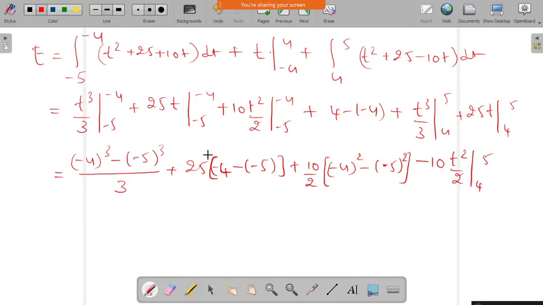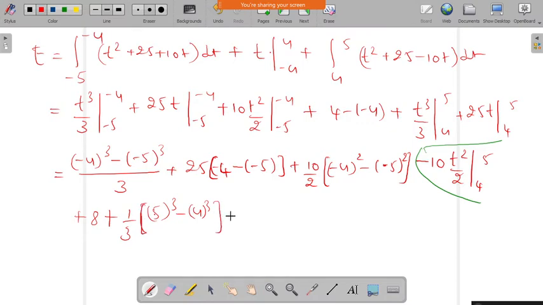Okay, so this is over, so this is separate, don't confuse with this, this is separate. Next I am writing the next step. So here 4 minus of -4 will give plus 8, and then plus t cube by 3, which is equal to 1 by 3 into 5 cube minus 4 cube.